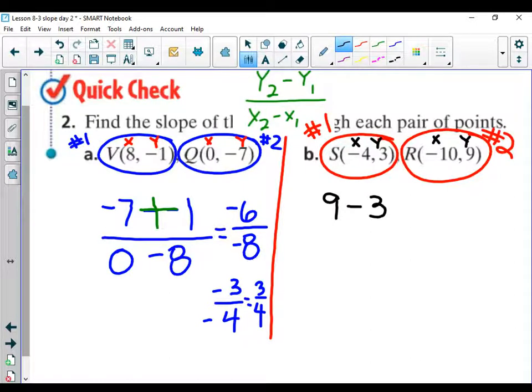So on the top, I have 9 minus 3. And on the bottom, I have negative 10 minus negative 4. Big plus.